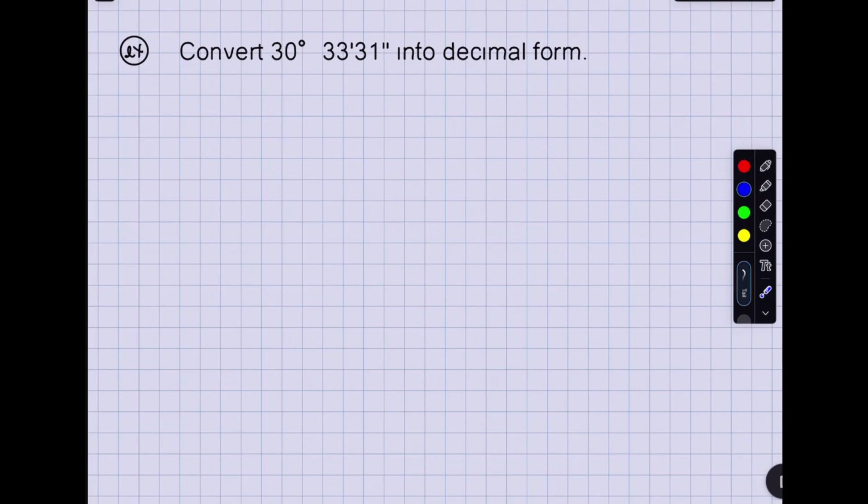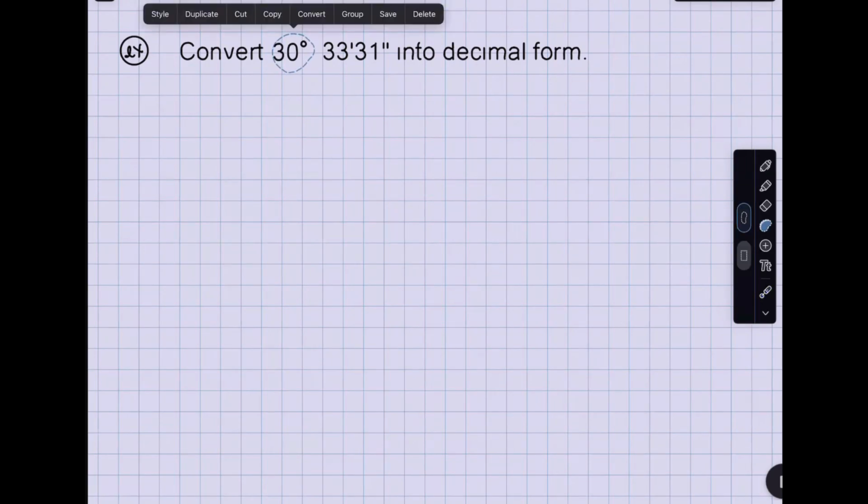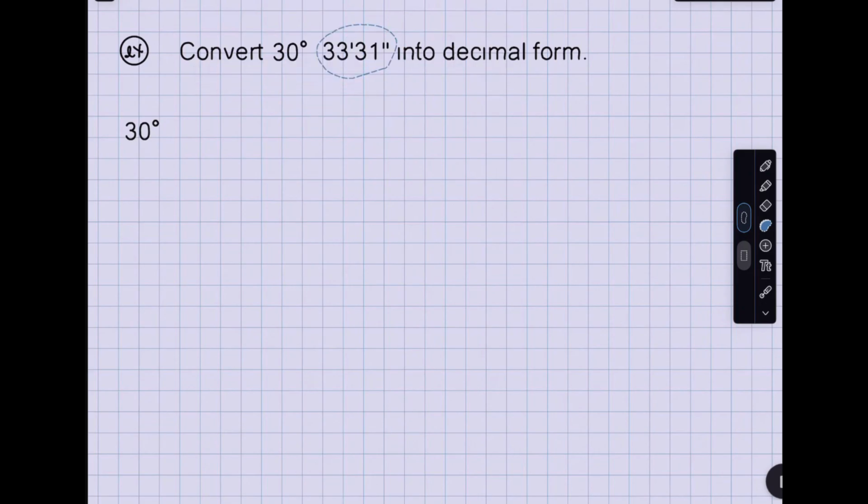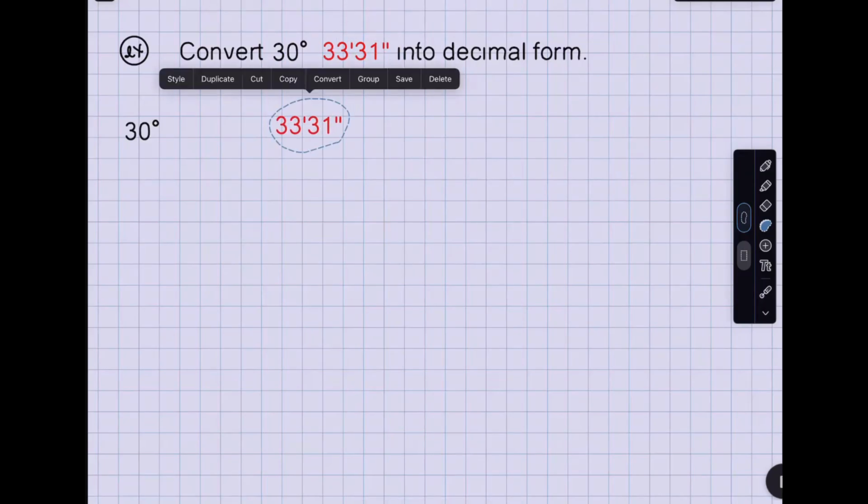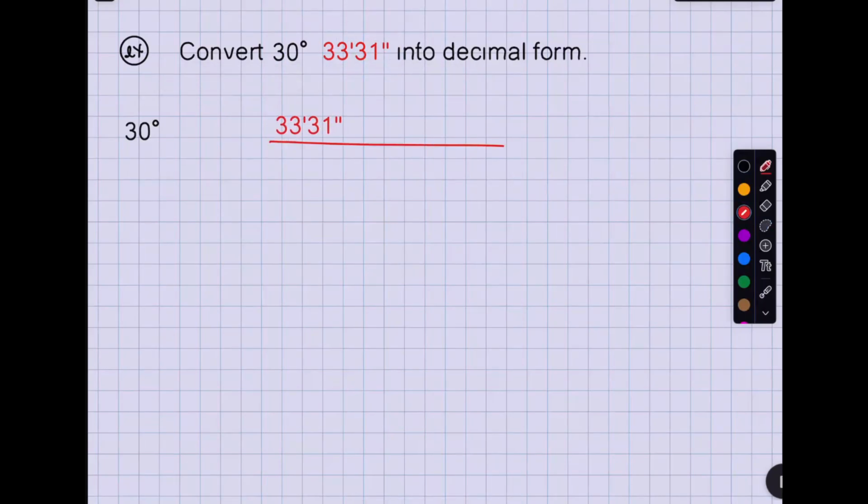So same thing. I'm not concerned about this part. This part is what it is. It's this part that's going to really be the decimal. So how am I going to convert this again?